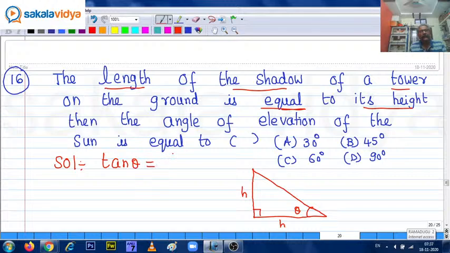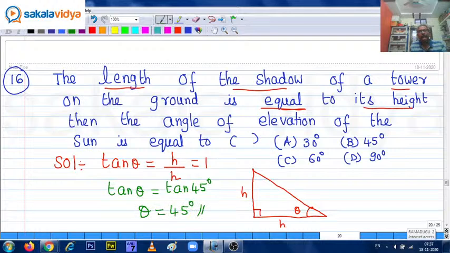Tan theta is equal to H upon H, which is 1. So tan theta is equal to tan 45 degrees. Therefore, the angle of elevation theta is equal to 45 degrees. B is the right option. Wonderful, everybody, wonderful job.